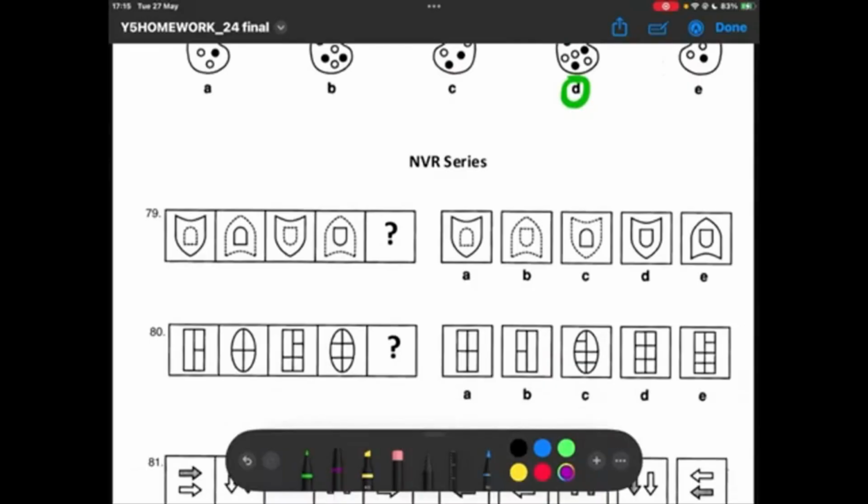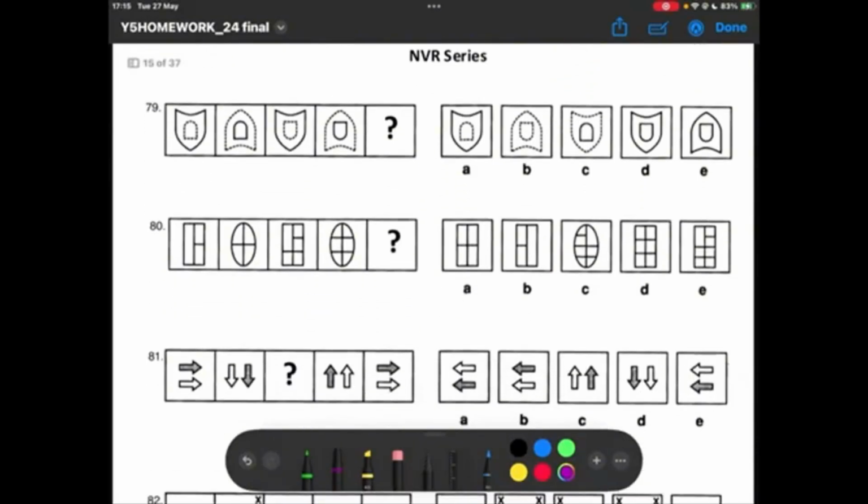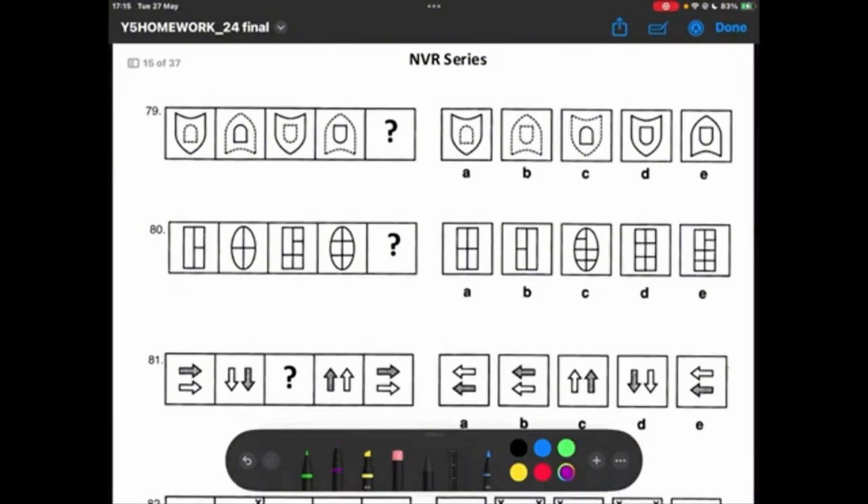Now on to the series questions. So here, I'm going to call it like a shield shape thing, flips 180 degrees each time. So it's pointing down here, then upwards, then down, then upwards. So it's going to be pointing down here.